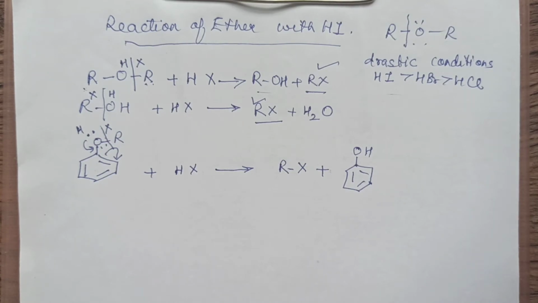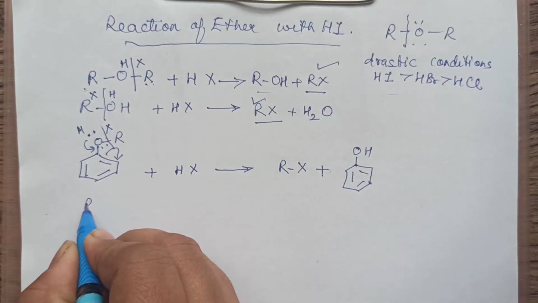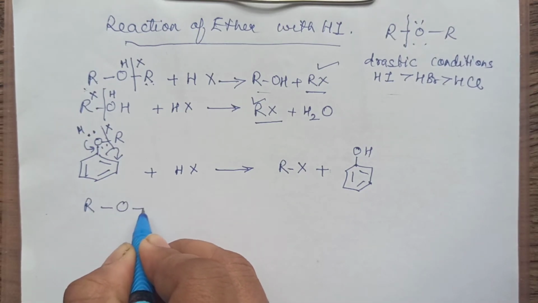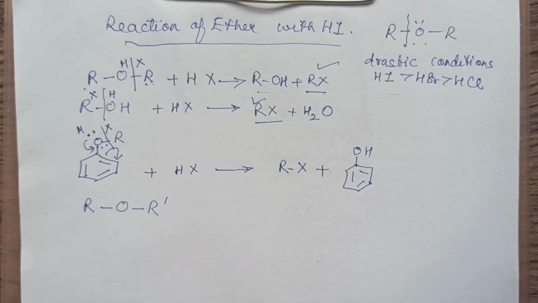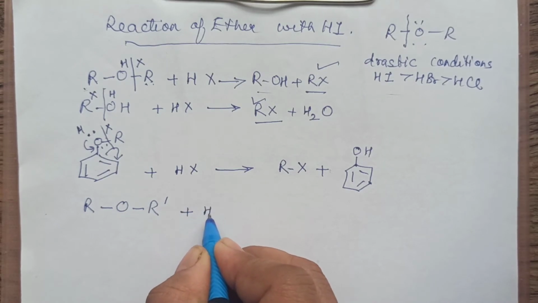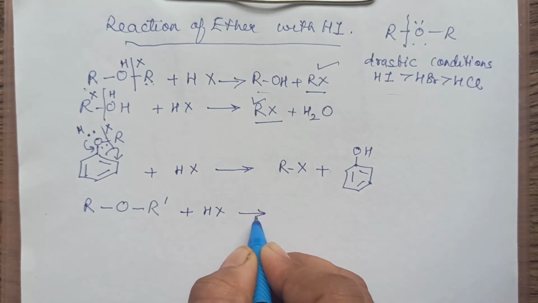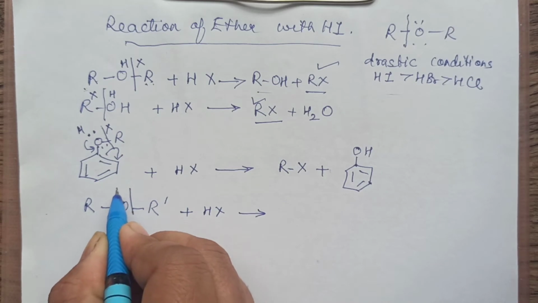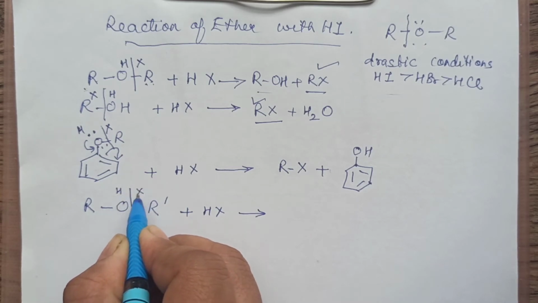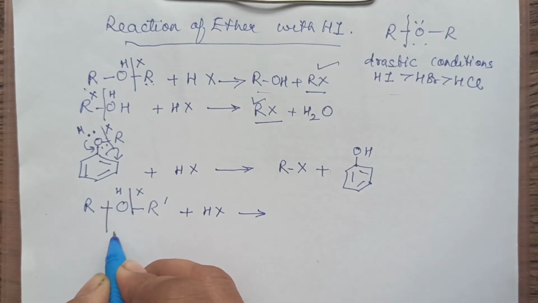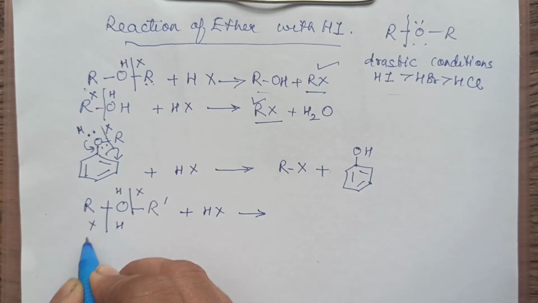Now the problem arises only when we have a mixed ether, that means ROR dash, where the two alkyl groups are different. If it is treated with HX, should we break the bond one way, writing H and X like this, or break the bond the other way?